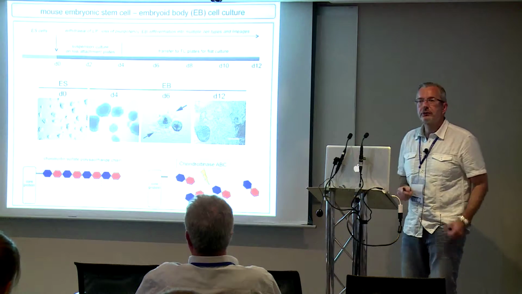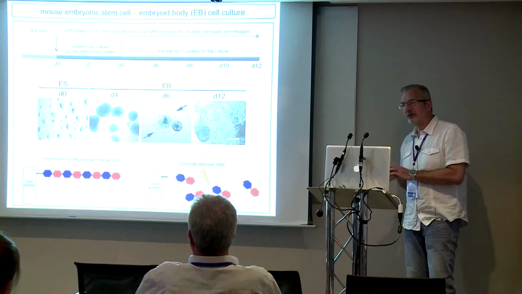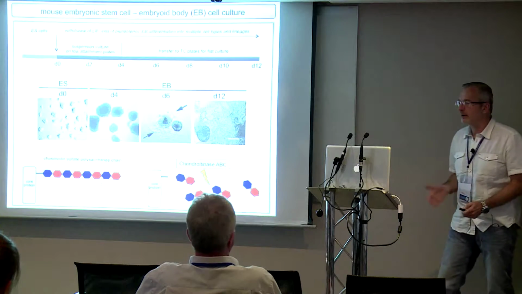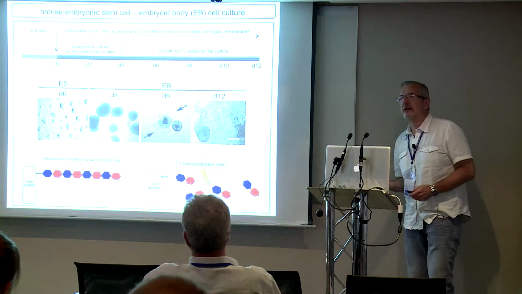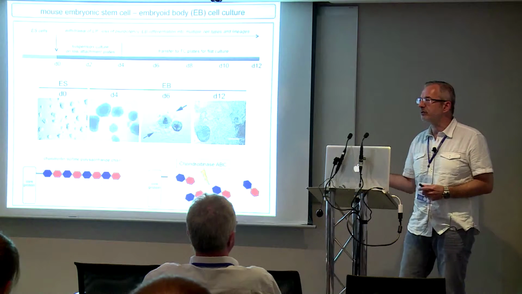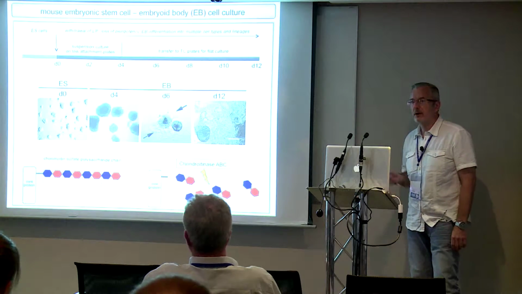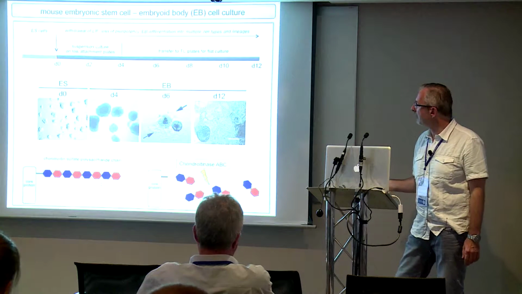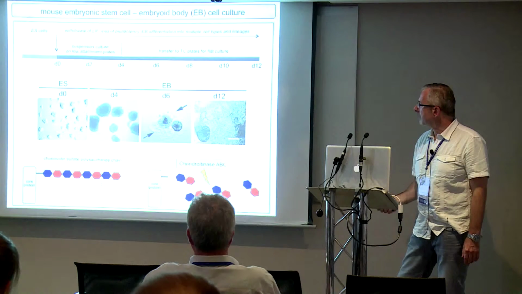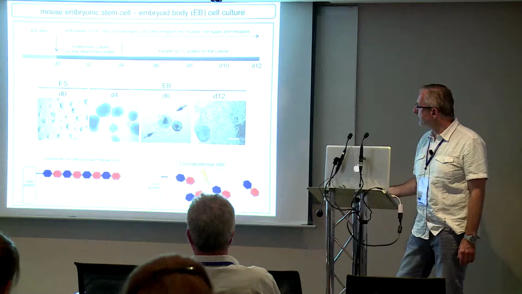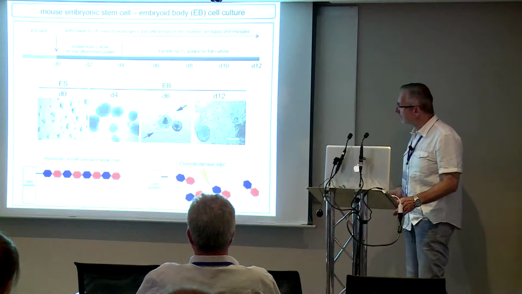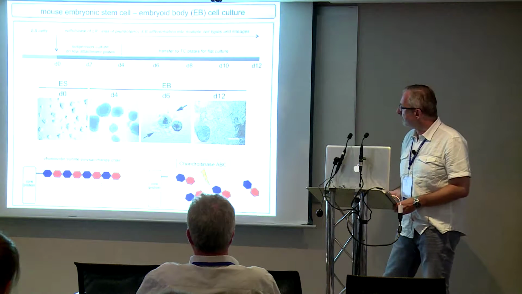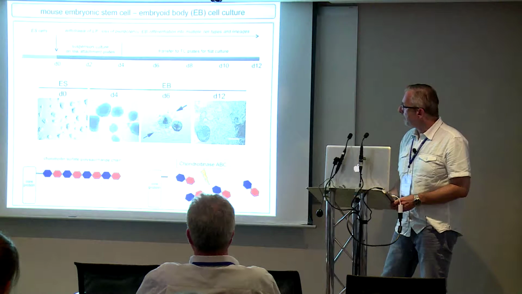Then we transfer those to tissue culture plates. You get a flat culture system, which makes it easier, first of all, for factors to access the cells. Secondly, it also makes it easier to image the cells thereafter. And these are just different stages of these differentiation steps. Undifferentiated ES cells, day 4, day 6, day 12. You can see by day 12, the whole plate is basically covered by cells of various lineages.